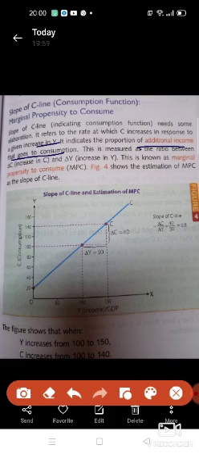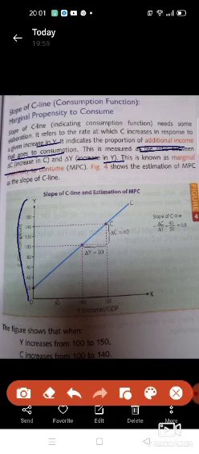This is measured as the ratio between change in consumption, meaning the increase in consumption, and change in Y, meaning the increase in income. This is known as the marginal propensity to consume. See the figure of MPC as the slope of the C line.